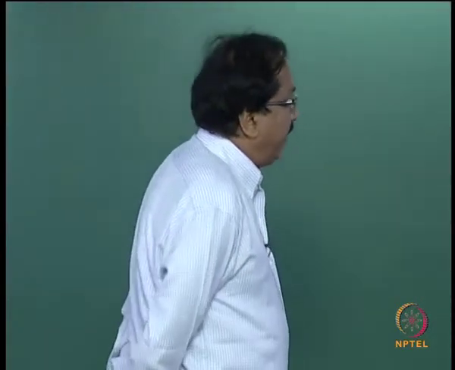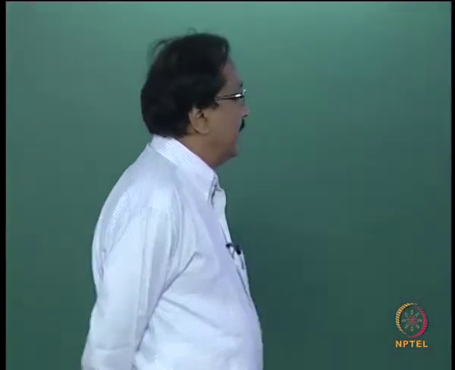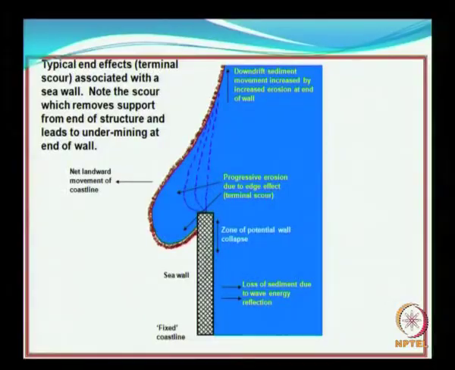Typical effects, that is the terminal's cove, are associated with a seawall. When you have a seawall as shown here, and the sand is moving in this direction, which is the littoral drift or sediment transport, then at the terminal there will be a progressive erosion due to the edge effect, or the terminal's cove.